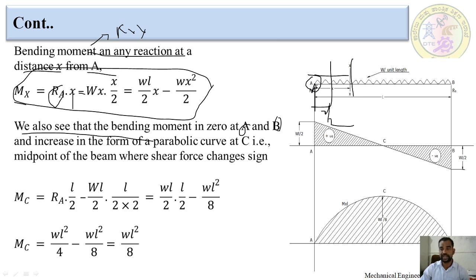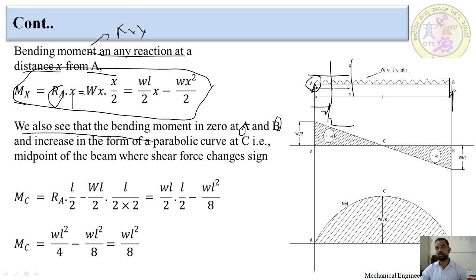Where is the support? At A we have a support, at B we have a support. You have to memorize that. Bending moment at the support is always 0. The bending moment at point A is always 0, at point B is always 0, because we have supports at A and B.